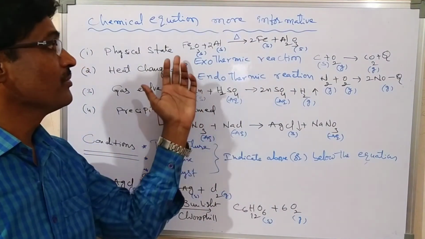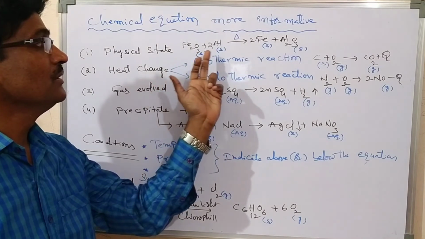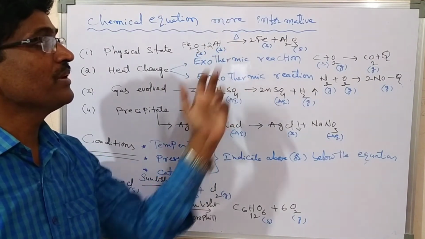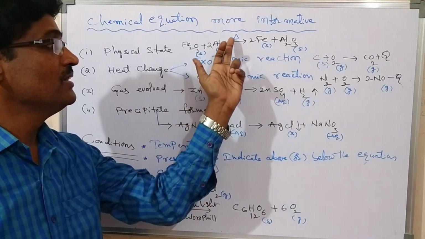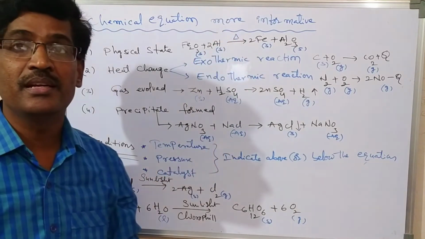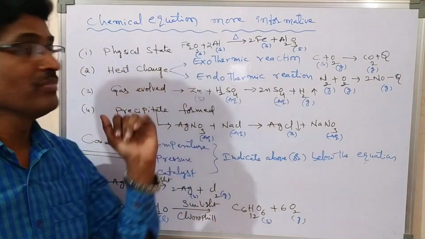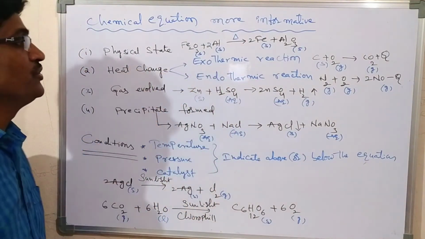To react iron oxide with aluminium, it requires some heat. This triangular symbol indicates heat. That is physical state. Second one, heat change.